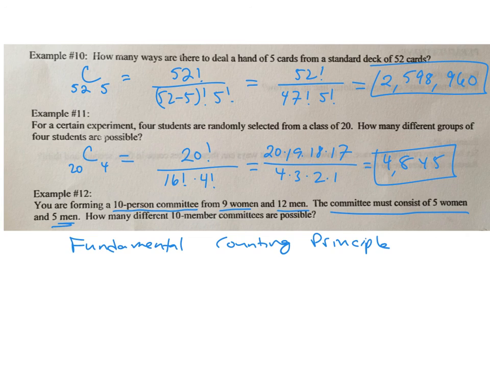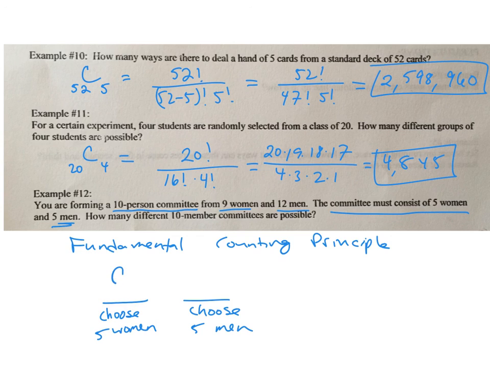That principle says that if we have 2 separate events, in this case, the first event would be we want to choose 5 women, and the second event is we want to choose 5 men. How many different ways are we able to choose 5 women?